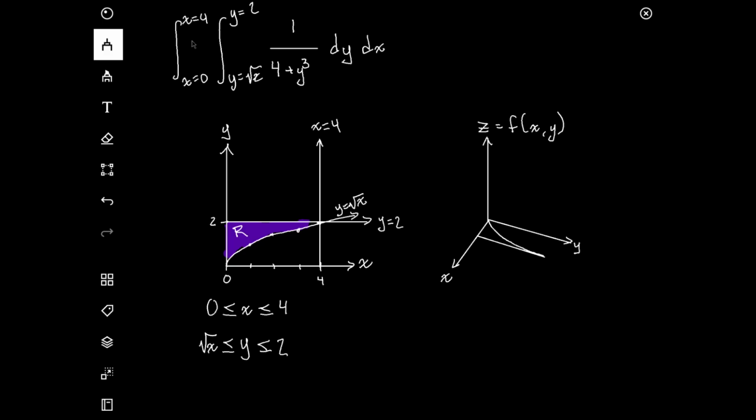Now, what is our f of x, y? That would be this nice equation right here. So whatever that spits out is our third dimension of this function, right? And it might be, I don't know, who knows what it looks like?